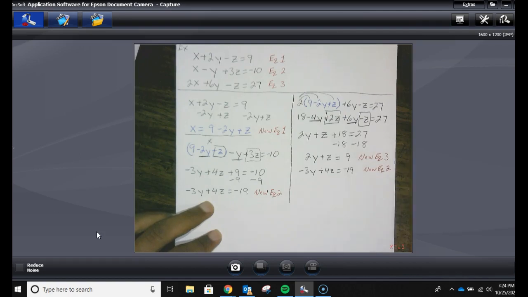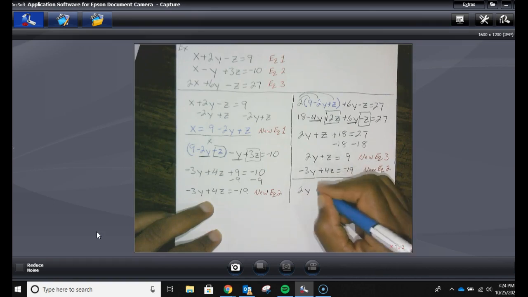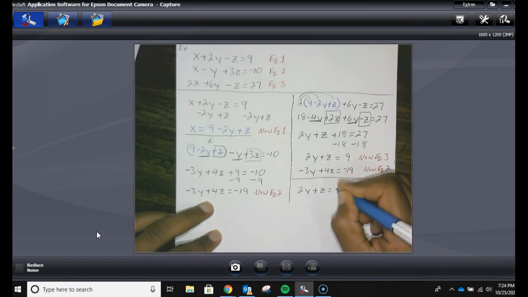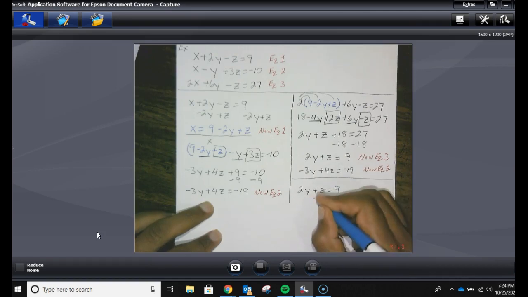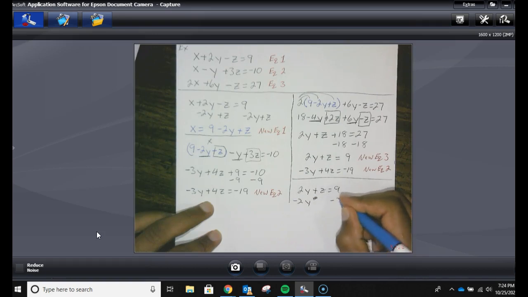and I put them together, and I have to figure out which variable I want to solve for in which equation. I'm going to use my new equation 3. I'm going to solve for z because z is almost by itself. In order to solve for z, you subtract 2y on both sides.